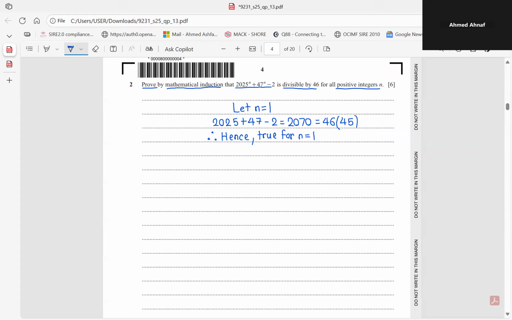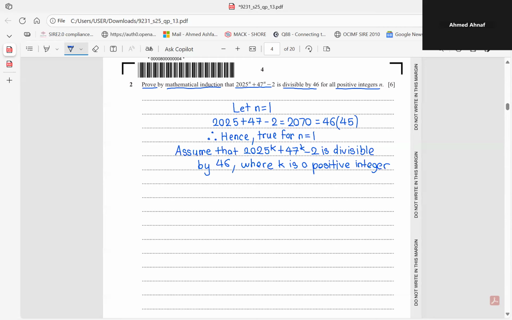Okay. And now you're going to have to assume that 2025 to the power of k plus 47 to the power of k minus 2 is divisible by 46, where k is a positive integer.